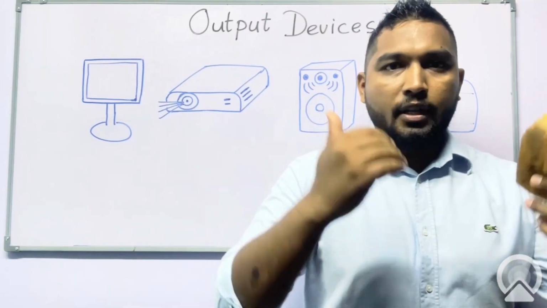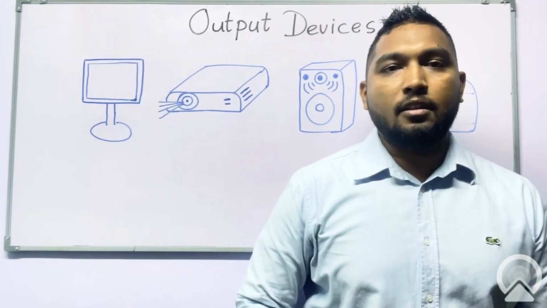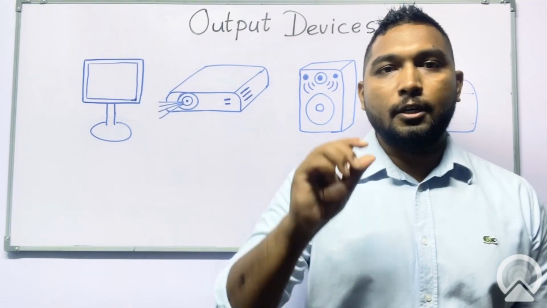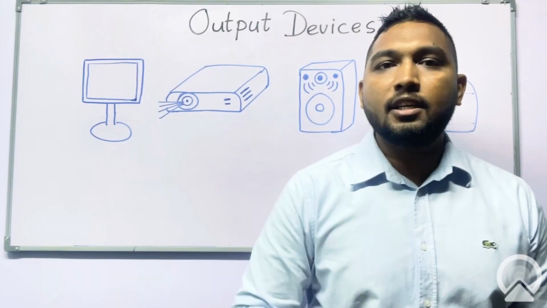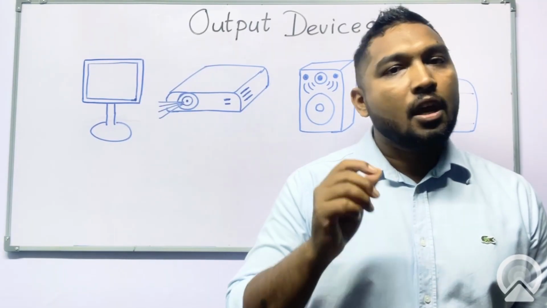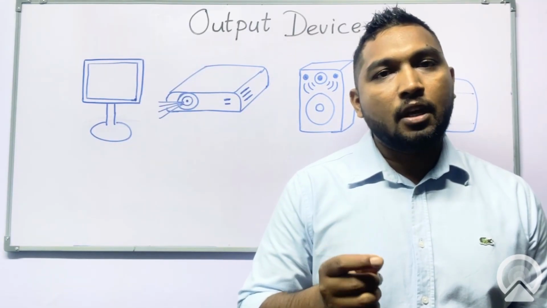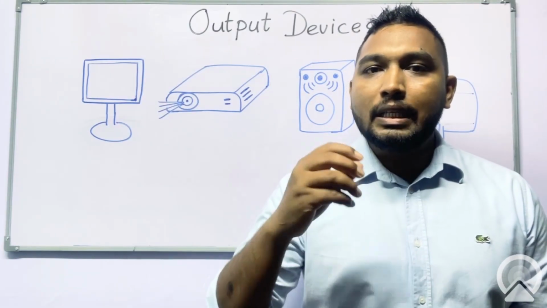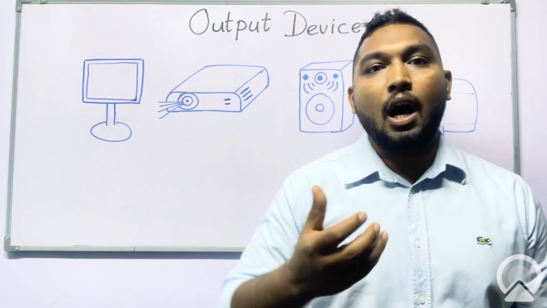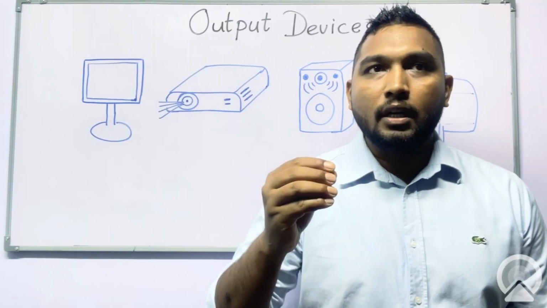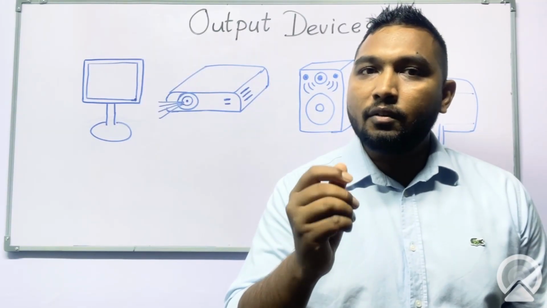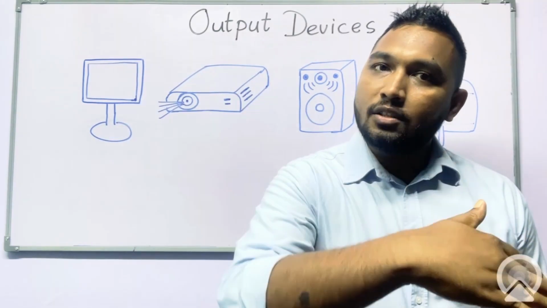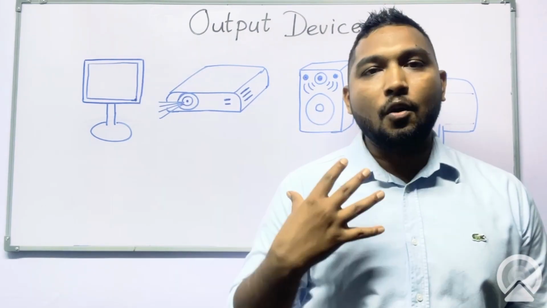When there is a list and a question to select the output devices, please keep in mind that output devices are always giving us something out of the computer. We are not using that device to put anything inside the computer.